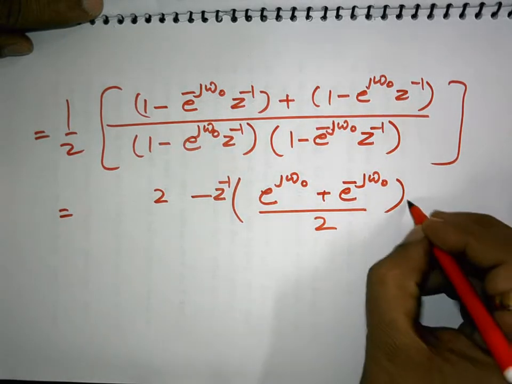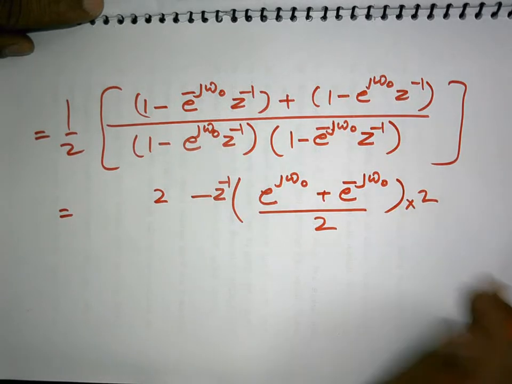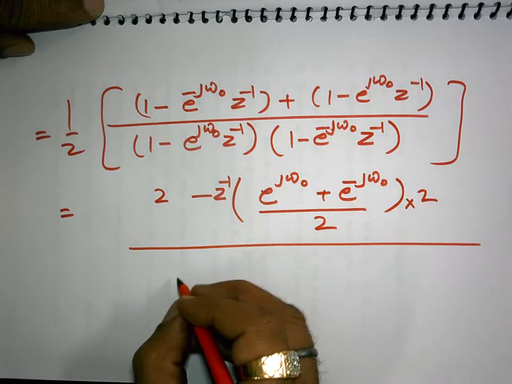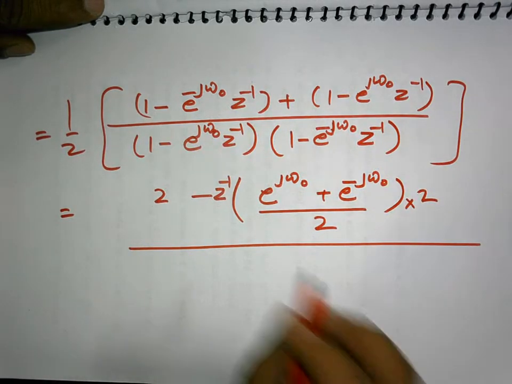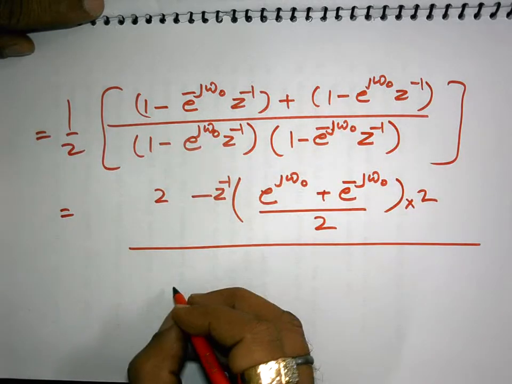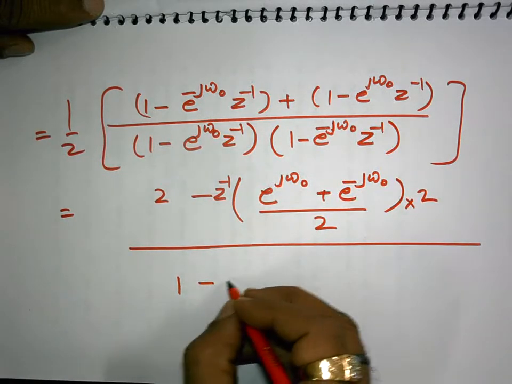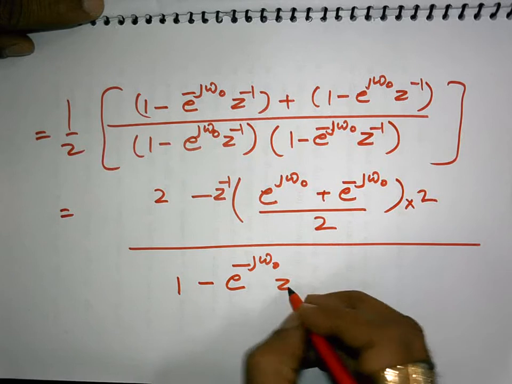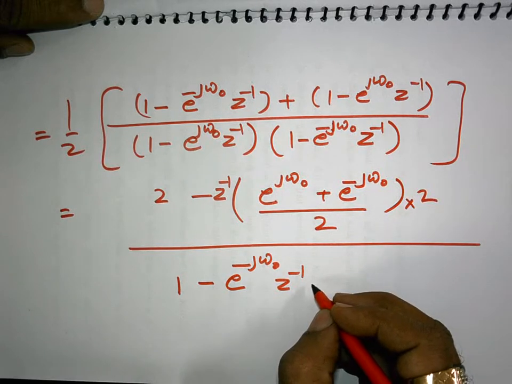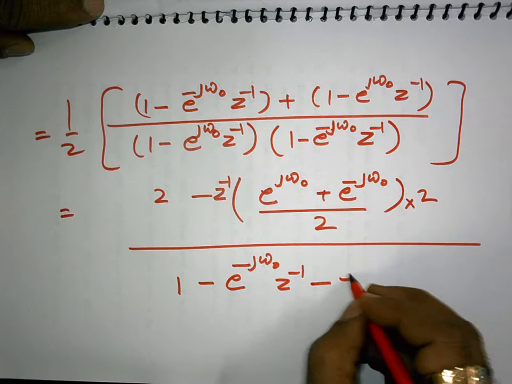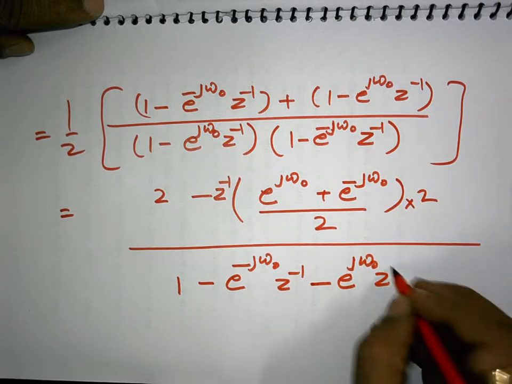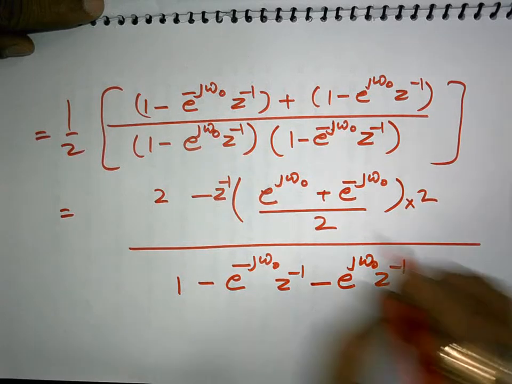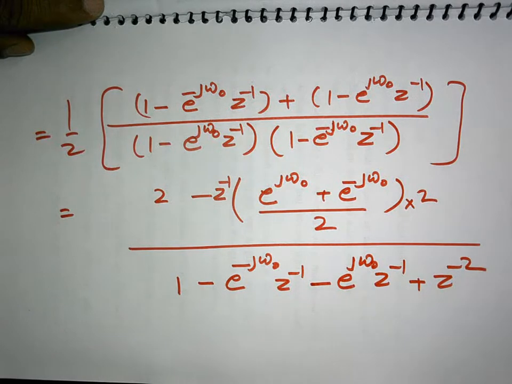Better if you divide it by 2 and multiply it by 2. I am doing the operation in the numerator part. Got my point? And then the multiplication of these two factors, 1 minus e to the power minus j omega 0 z inverse and 1 minus e to the power j omega 0 z inverse: the middle terms will cancel out and we get z to the power minus 2.